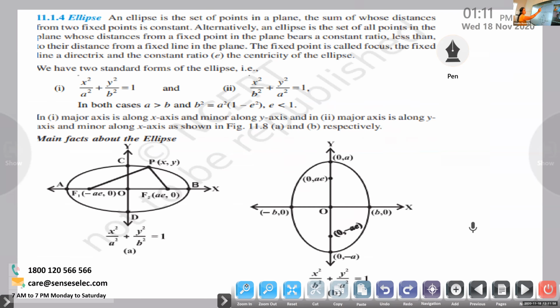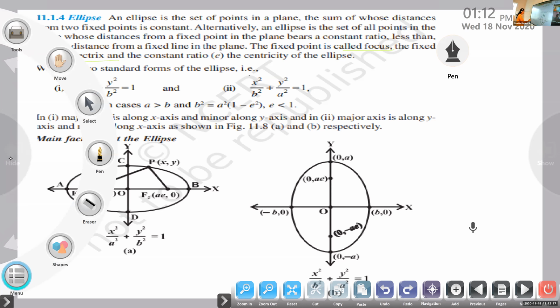The fixed point is called the focus and the fixed line is called the directrix. The 2 standard forms are x square by a square plus y square by b square is equal to 1, and the second form is x square by b square plus y square by a square is equal to 1. Now look at the figure, first one.